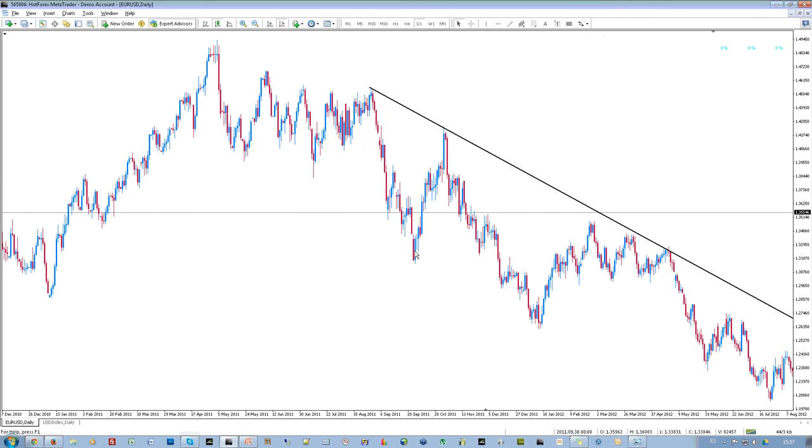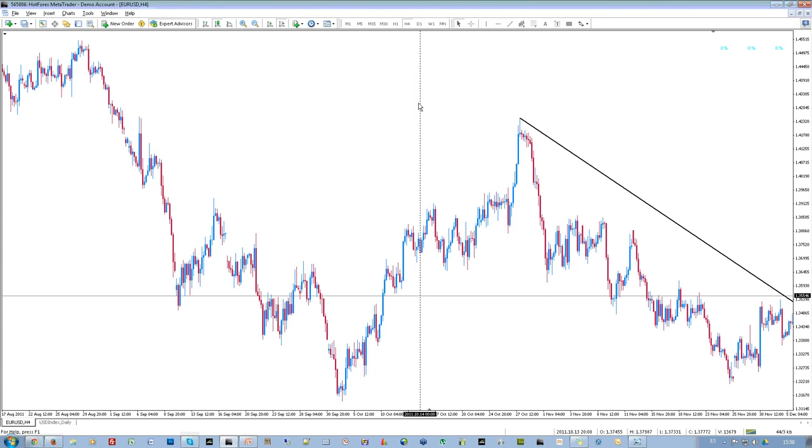Here, for example, this is the downtrend on the daily. But in this area, if we go to the 4-hour chart, this won't be a downtrend. It will be just the opposite. Look at how the trend line is being respected to the pip.